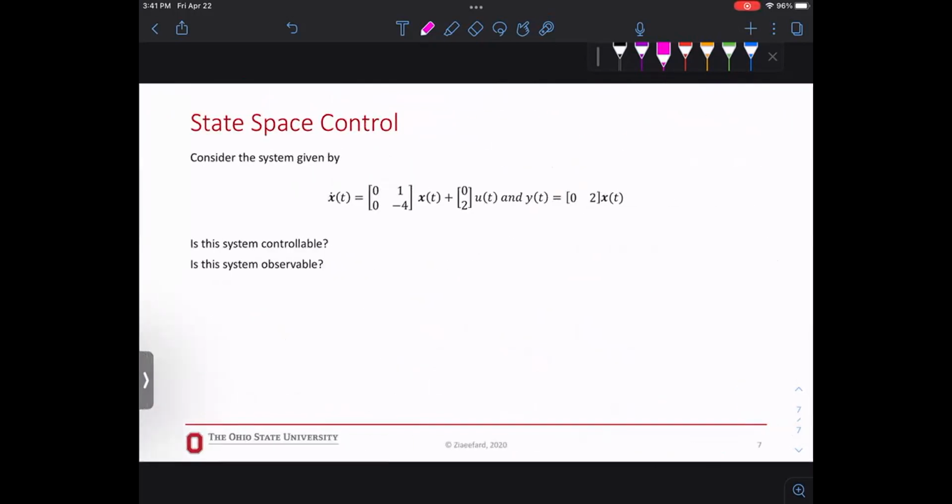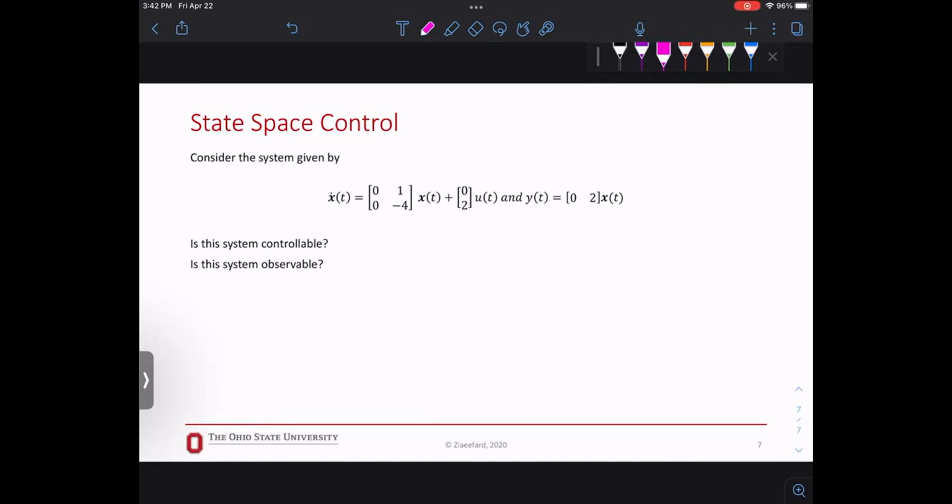So simpler ones first. We have seen this before, right? I give you a state space system. I just wanted to show you this, that from the last two lectures, maybe you will see only this kind of question. So you don't have to spend too much time on that. You have either a state space system or a transfer function, you convert to state space, and then how do we know if it is controllable or observable?